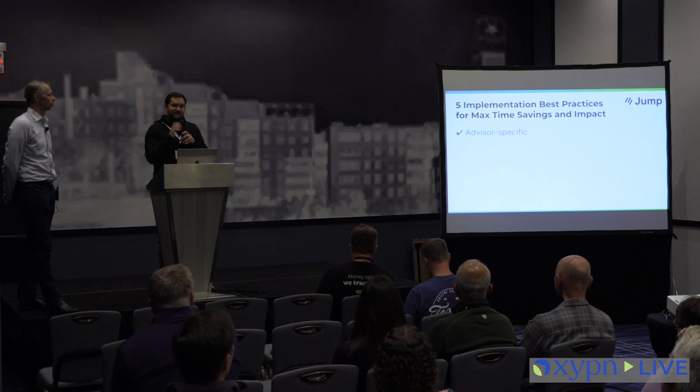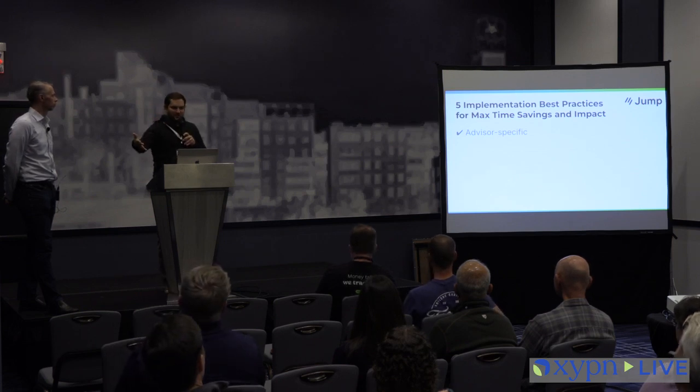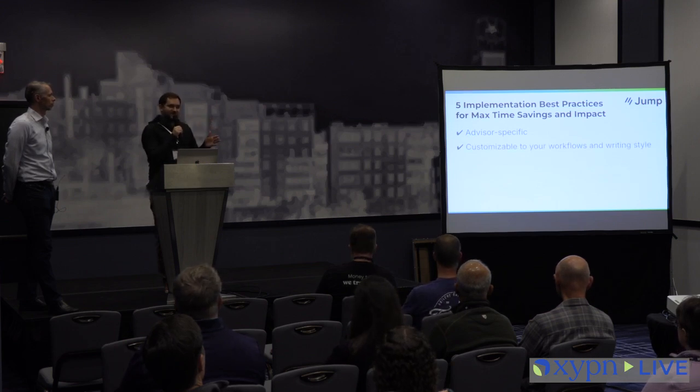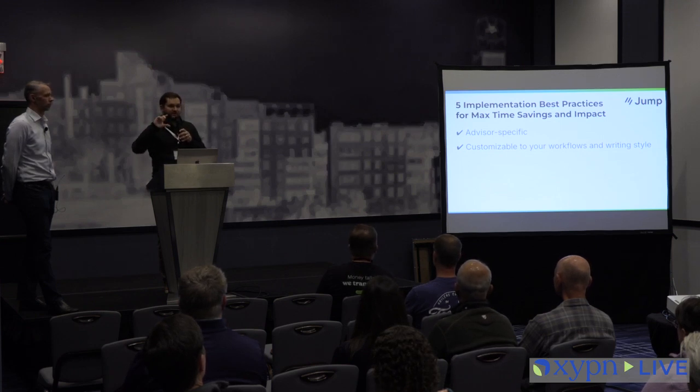So generally, if you pick a tool that is focused on advisors, for obvious reasons, that will result in more time savings. Second is, most advisors we talk to do not want to sound like an AI robot. They want to sound like themselves. And so the more time that you spend editing and personalizing the output, the more time you're not spending doing other things. And so a tool that can very easily customize to your style is important.